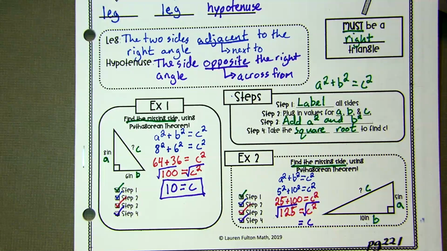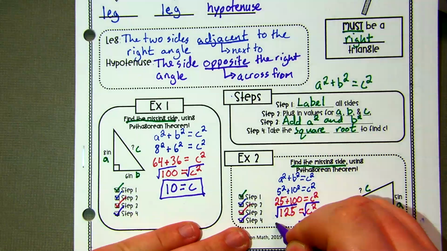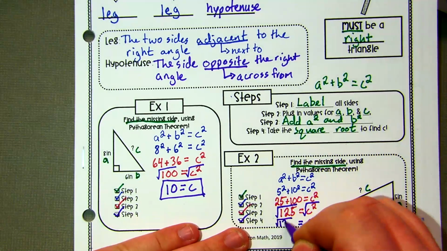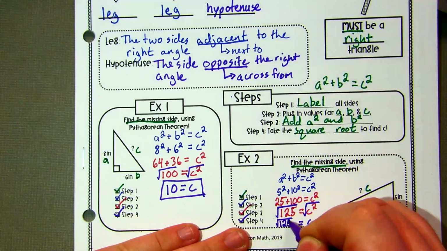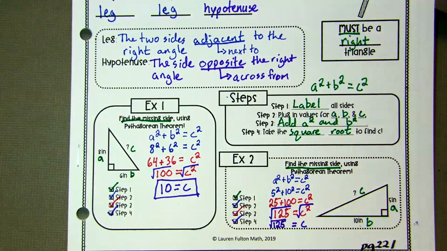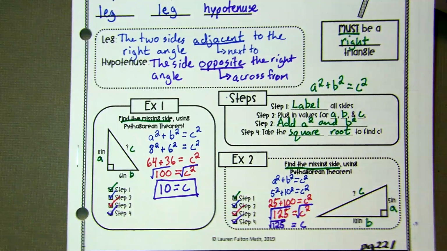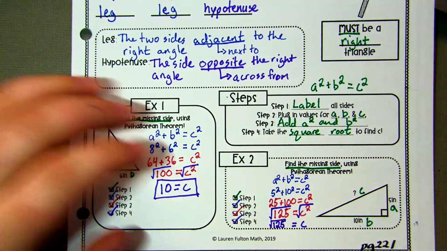Okay, thank you. So what you should notice is if you plug the square root of 125 in your calculator, you get a decimal, about 11.18. We do not particularly like decimals, so we're going to need to simplify our radical. Just a quick refresher on how to do that.